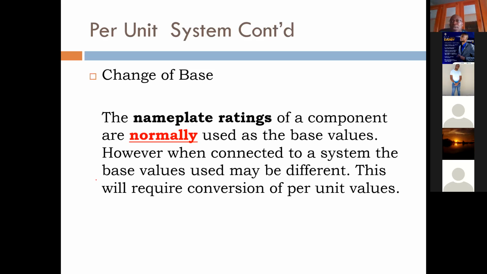Meaning, if it's a 30 MVA transformer and you have the voltage ratio, it is those values that are used to give you the per unit reactance. All right? But you put it in a system and you need to convert. Let's see how we go about doing that.